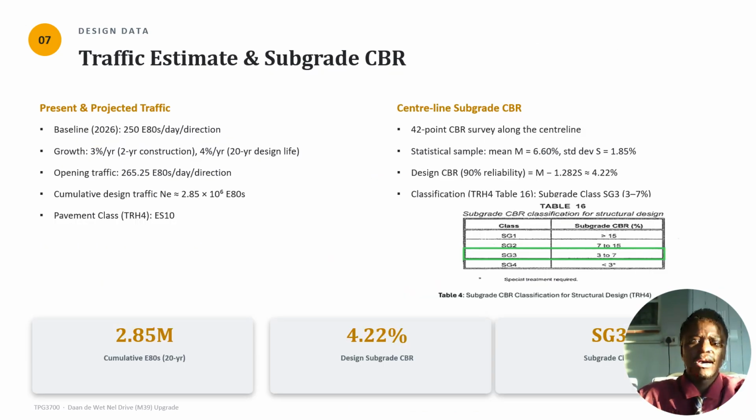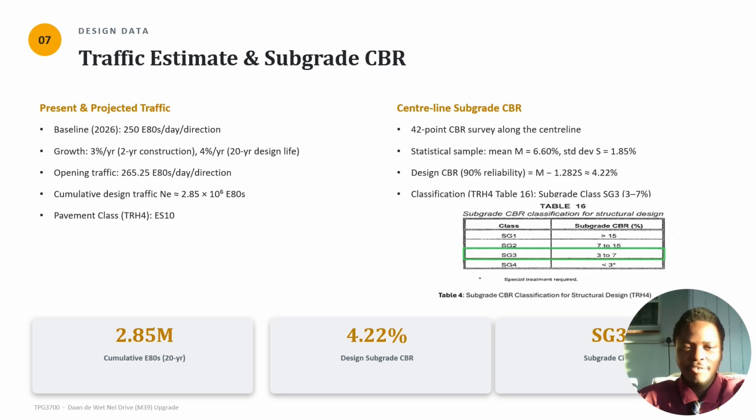For my traffic estimate and the subgrade CBR, my baseline for 2026 gives me 250 E80s per day per direction, with growth at 3% for 2 years in construction and 4% per year for 20 years in design life.